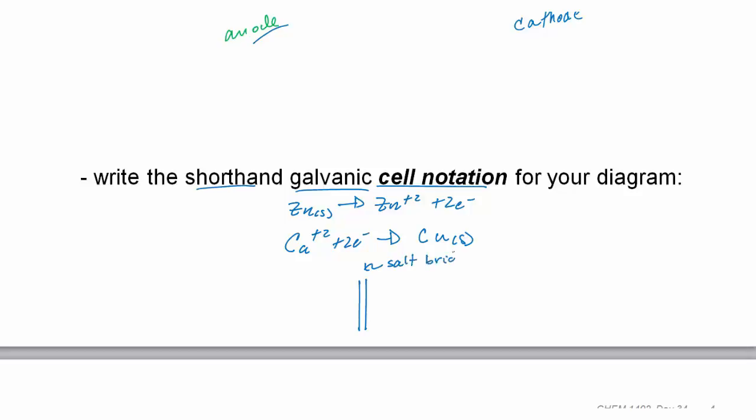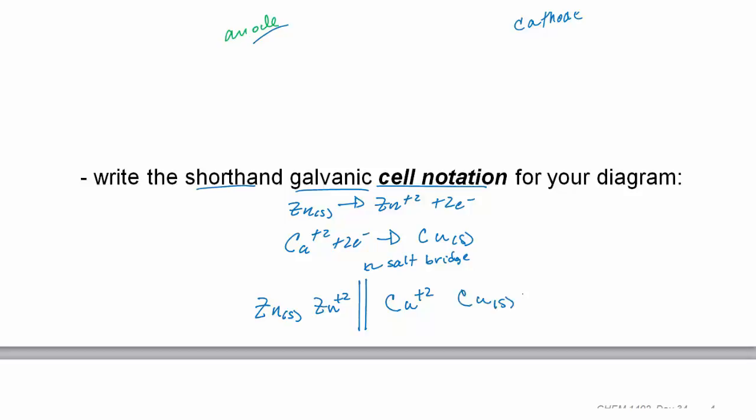And I have to have the half reaction for the anode on the left-hand side. So I have zinc solid and zinc plus 2. And then I write, just don't write the arrow. Then on the other side, I write the copper plus 2 going to copper solid.